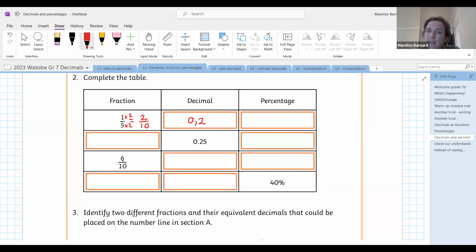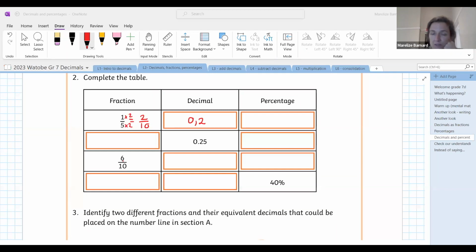Now, what is that as a percentage? Yep. I'm just reading your answers here, guys.